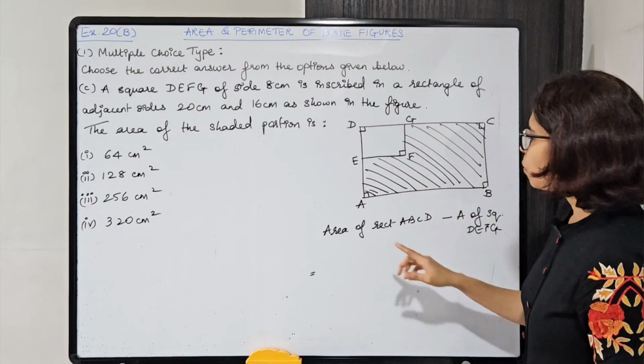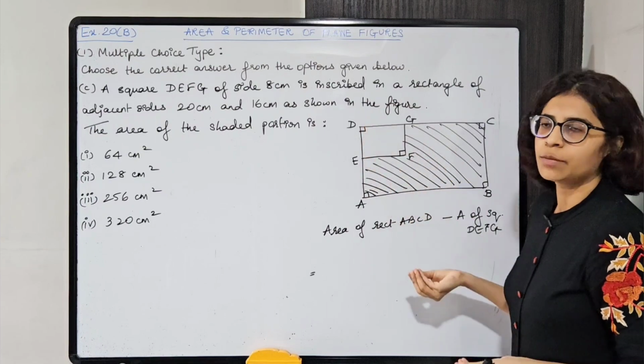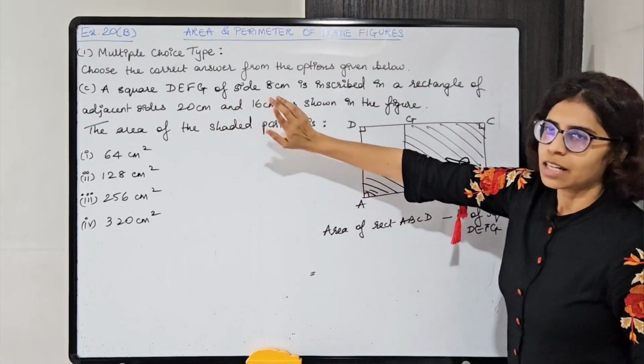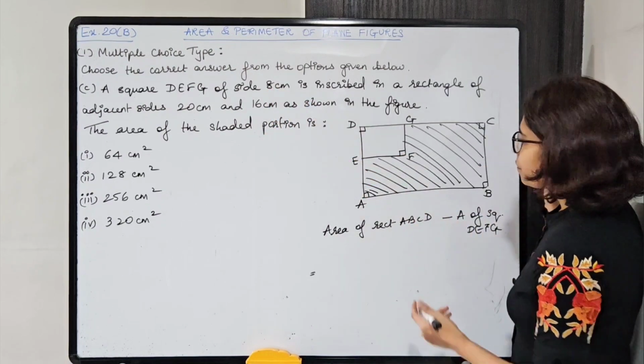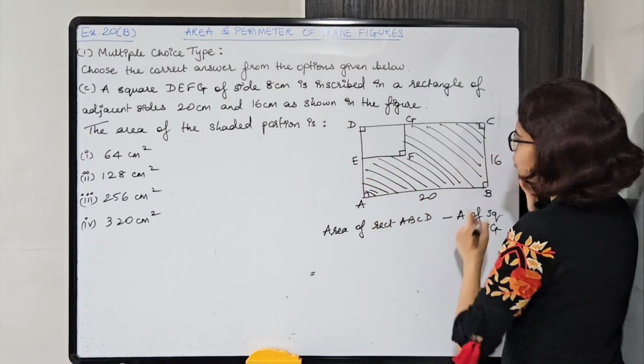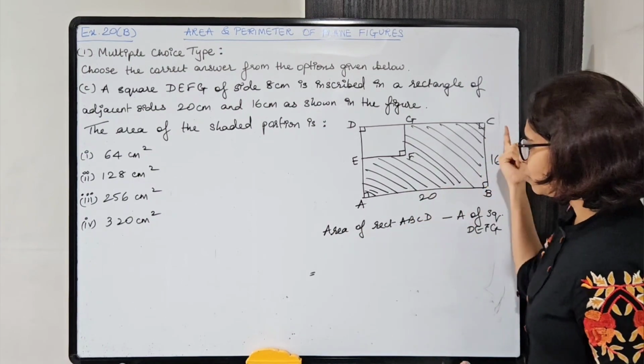Okay. So what will be the area of rectangle ABCD? For that we are given the dimensions. For the rectangle the adjacent sides are 20 cm and 16 cm. So we take the longer side as 20 and the shorter side as 16. Okay. And area will be length into breadth, that is 20 into 16.